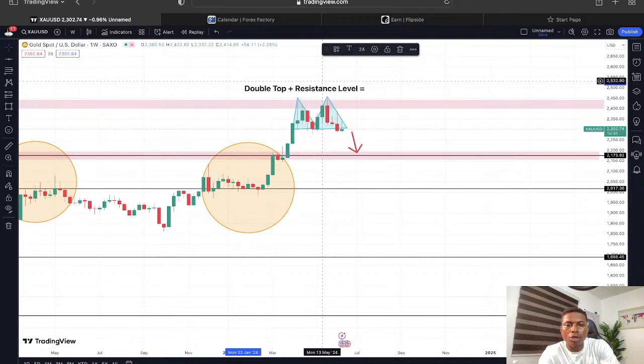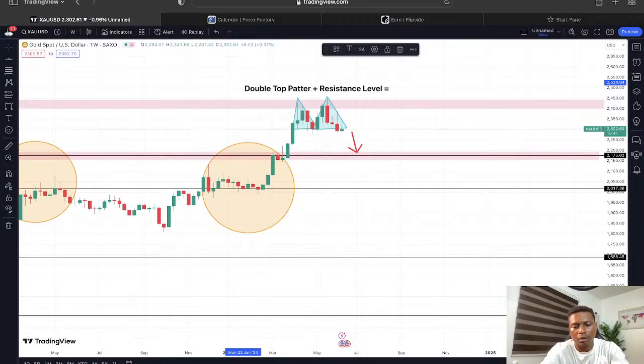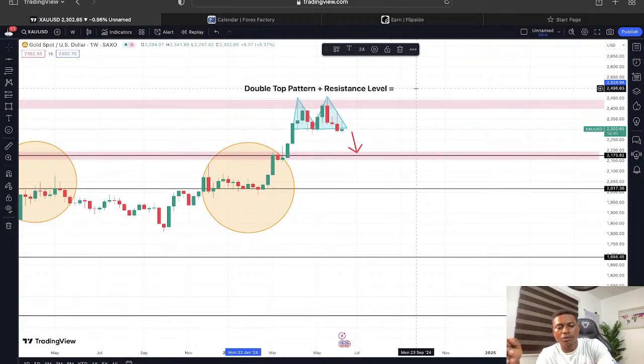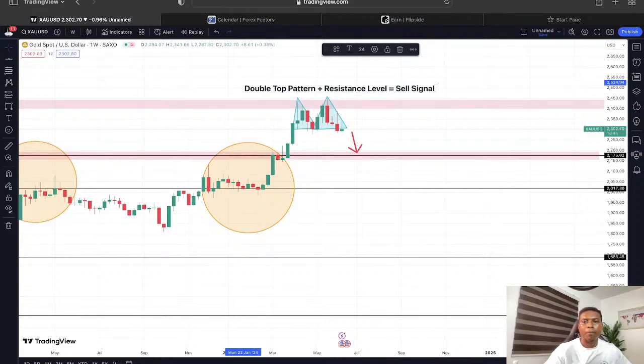So when we see a double top pattern at a resistance level, a double top pattern at a resistance level equals a sell signal. Can you see that?